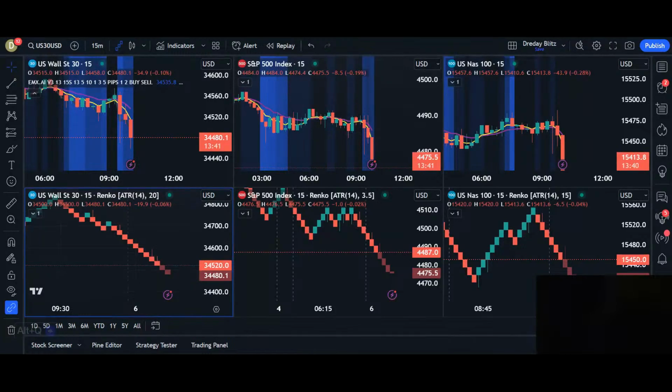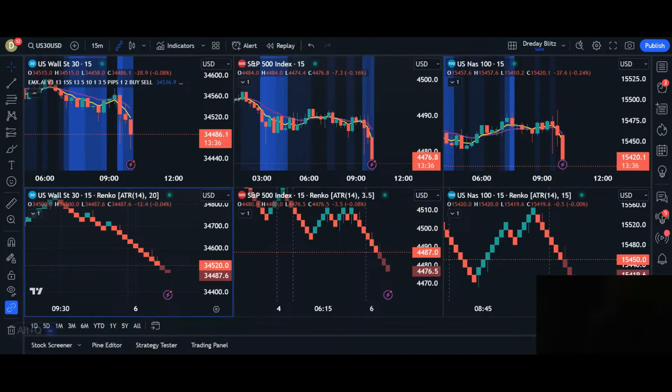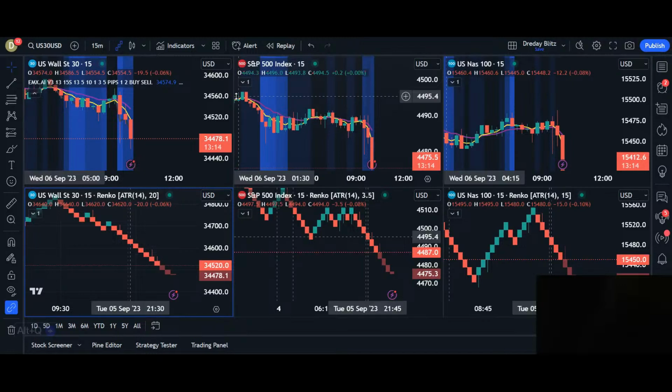All right, perfect. I just rearranged the Renko bar so you guys could see more of the Renkos. For now, as we can see, the market is still tanking. If you took the trade of US30 and S&P 500 going down, you should be in the green. Now NAS 100 is tanking too.